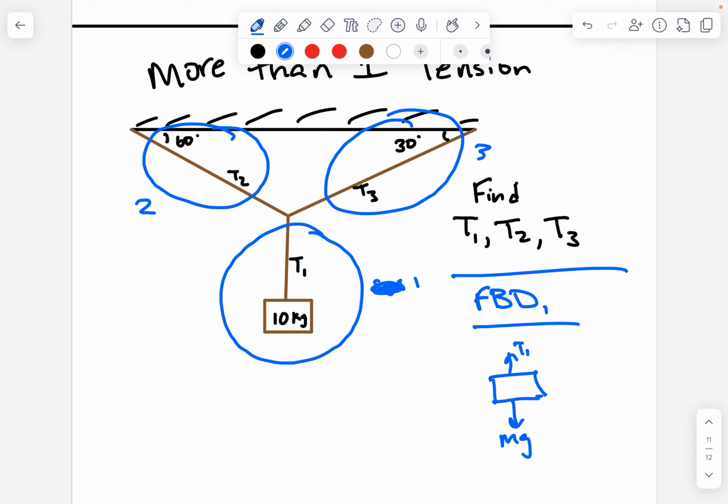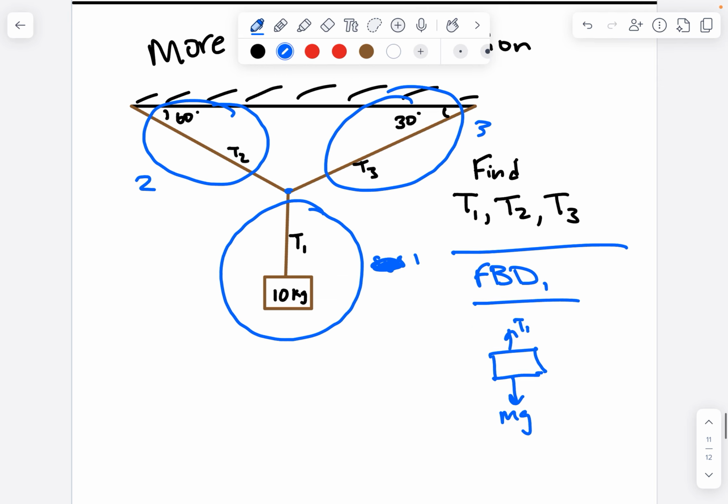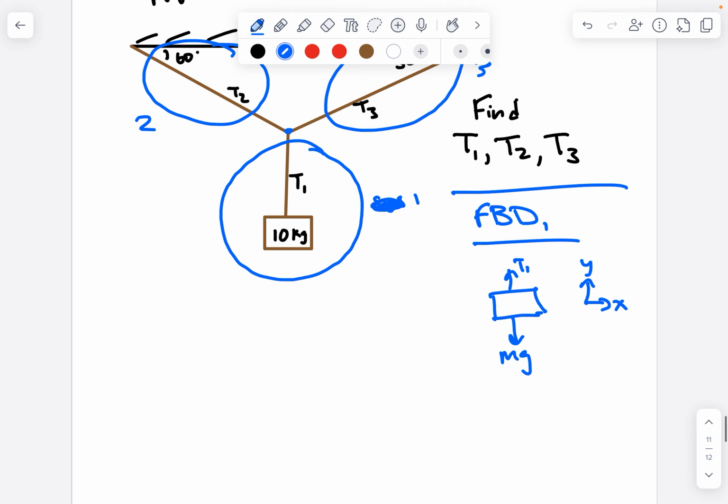If they were all one rope, it would be equal, but because it's three separate ropes all tied together here, you have to separate the tensions. So this is my free body diagram for the first section, and I'm going to draw my coordinate system, super important, like this for my free body diagram.